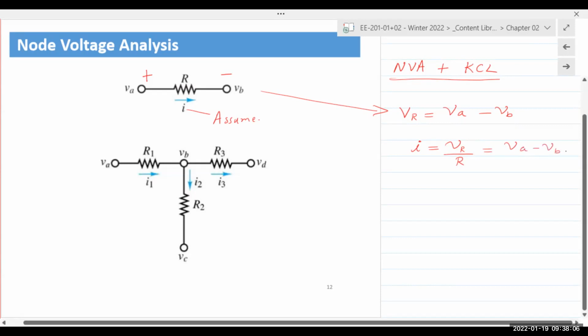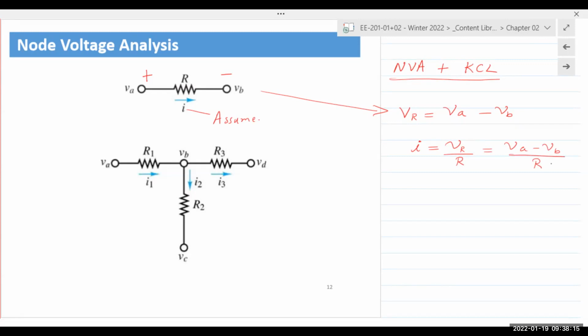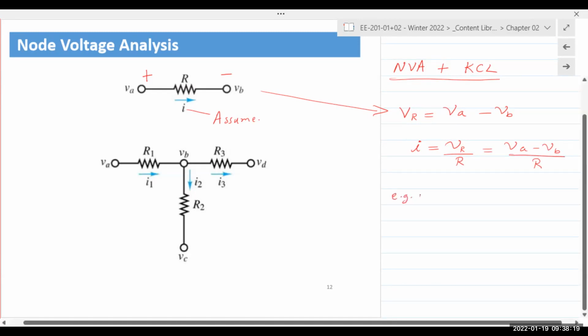So VA minus VB divided by R. The value of R would be known to us. Let's say it is 10 ohms, for instance. R is equal to 10 ohms, and I plug that in, I would get I is equal to 0.1 VA minus 0.1 VB.